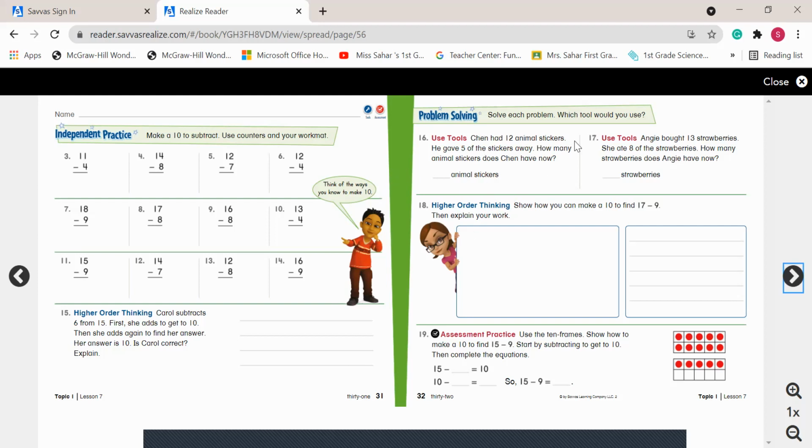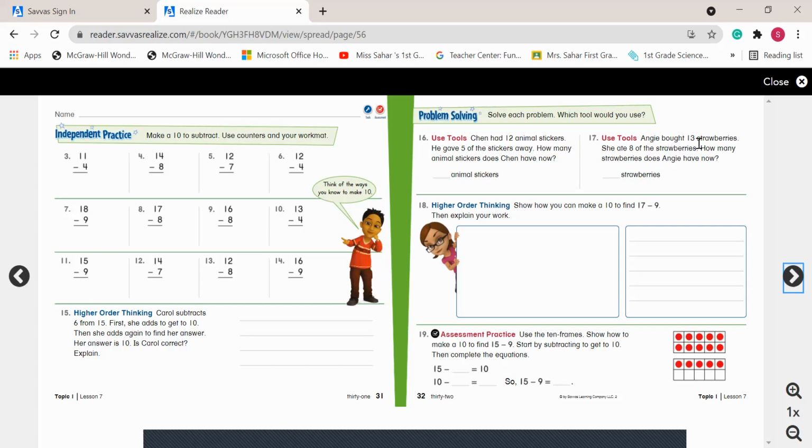You're going to have 12, and you're going to cross 5, then you're going to count them. Or you're going to use the lesson we learned today and make 10, and then either you start from the small number and add to make 10, or you start from the 12 and cross out 2 to make 10.